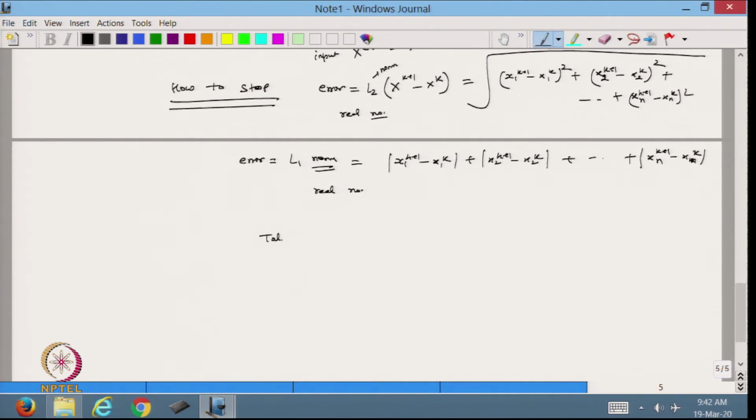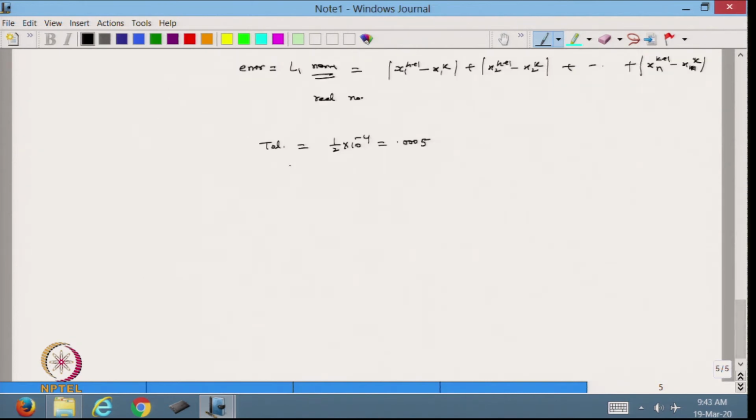Suppose I give the tolerance as half into 10 raised to power minus 4, that is 0.5 into 10 raised to power minus 4, which gives 0.0005.